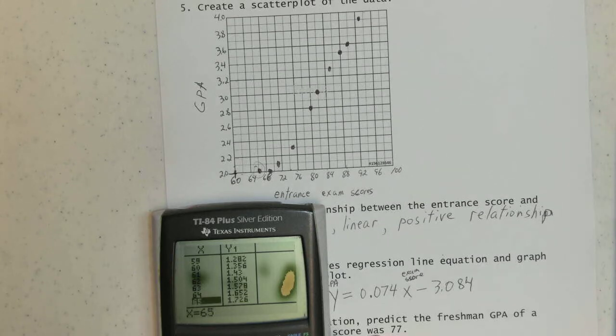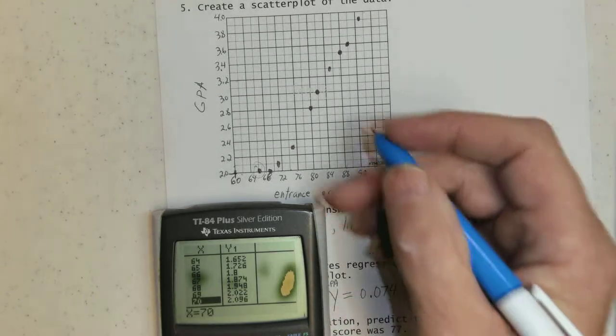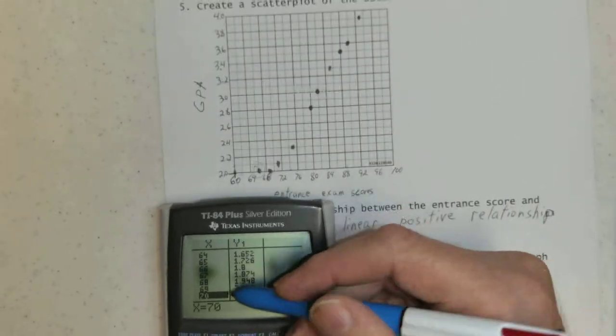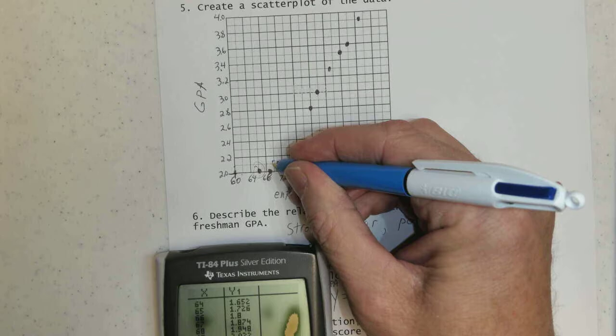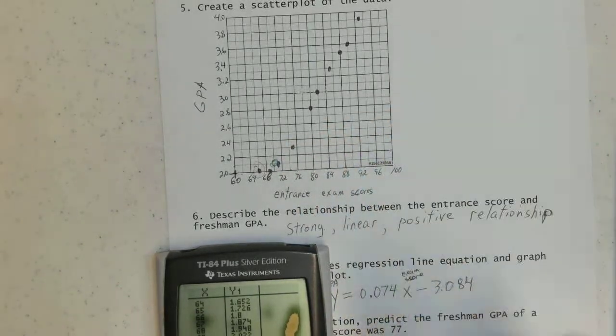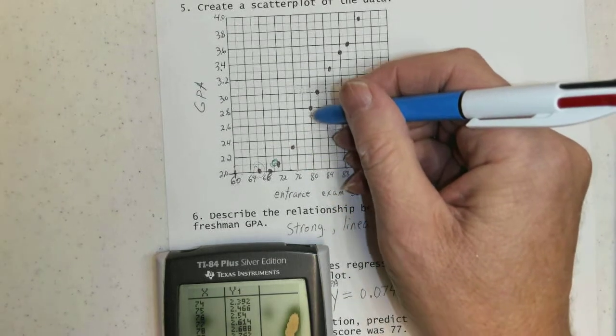60. Let's go to where we're above 3. I'm going to put a couple points down and then draw a line through them. So at 70, I've got basically 2.1. 70 is 2.1. Right here is a point on the least squares regression line. Let's go to 80. 80 is 2.8.